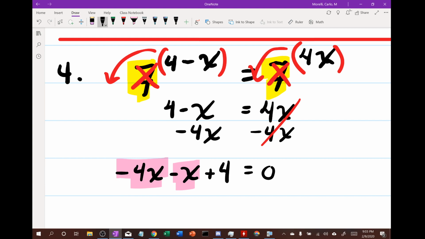I'm waiting for it to catch up on the screen. This is called a linear equation because the highest exponent is just 1. So help me simplify the left side of this equation.